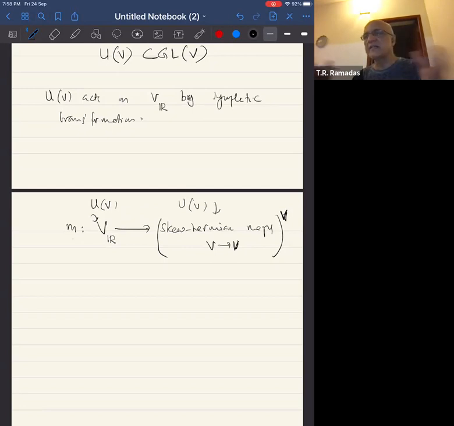Take the product and take the trace, maybe after multiplying by I. So without too much thought, I can forget about this dual here. I'm going very fast because I need to cover a lot. So there is an equivariant map from VR to skew Hermitian maps.